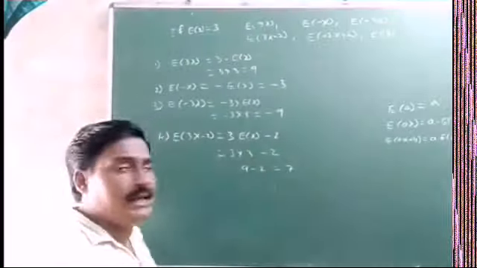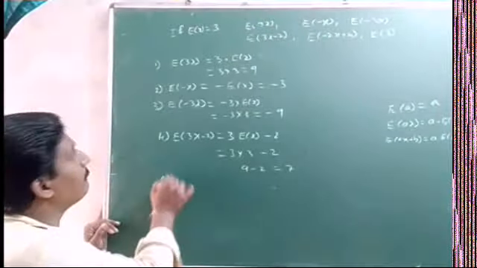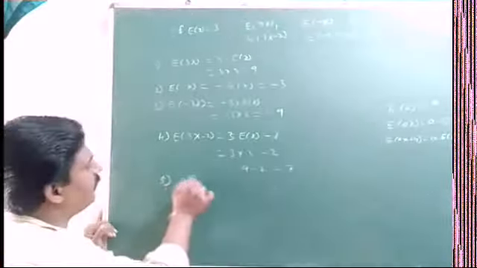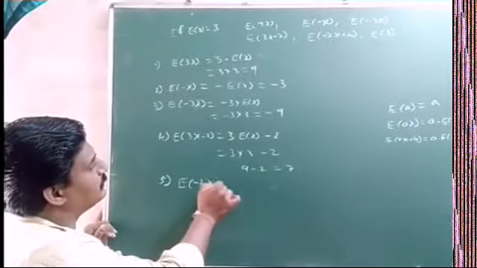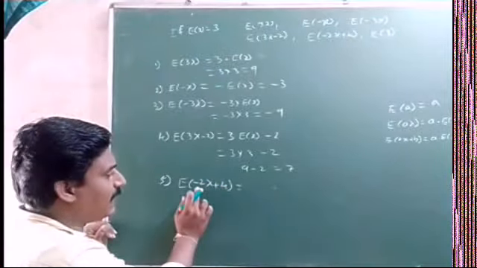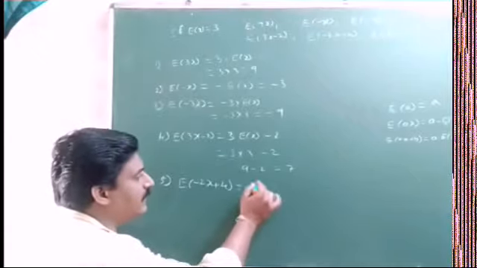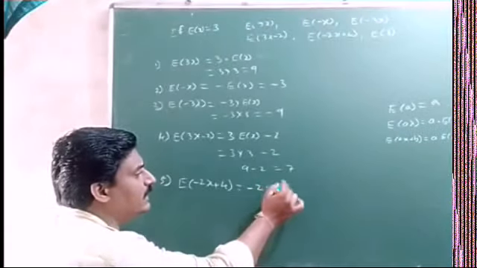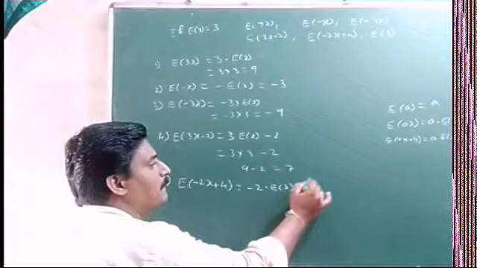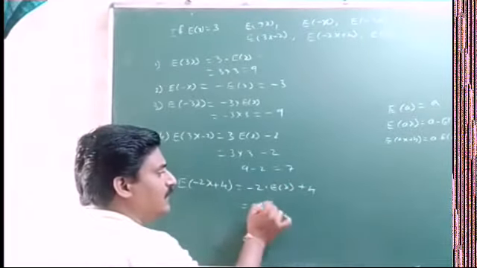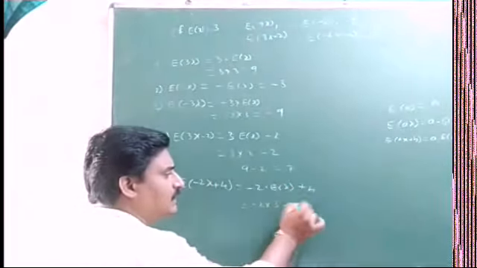Okay. Next, fifth one, E of minus 2x plus 4. So again, a is a negative value here and b is positive. So here you write minus 2 into E of x plus 4. So minus 2 into 3 plus 4.